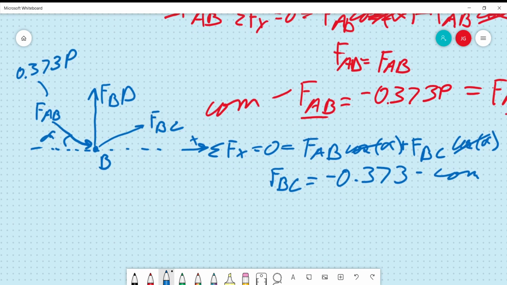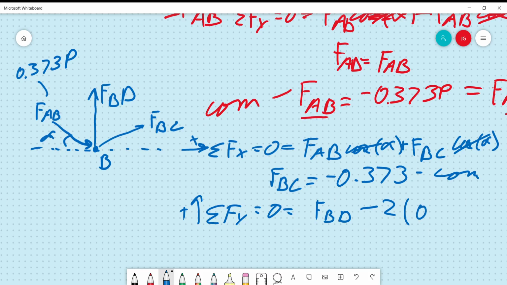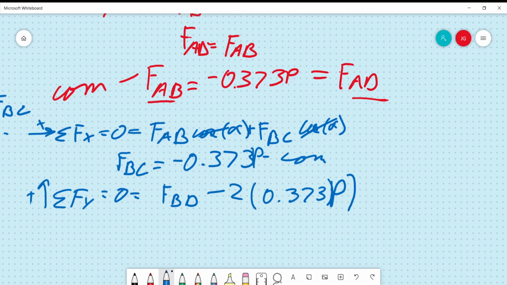And now we do forces in the Y. That's way positive. When we get it, that means FBD is just going to be minus. I'm just going to go ahead and write that as this. Oh, P. Almost forgot the P. My bad. Sine alpha.